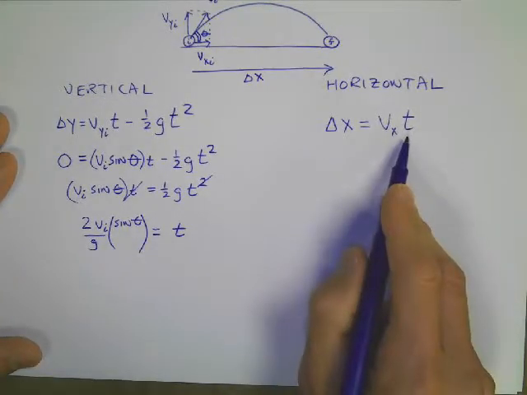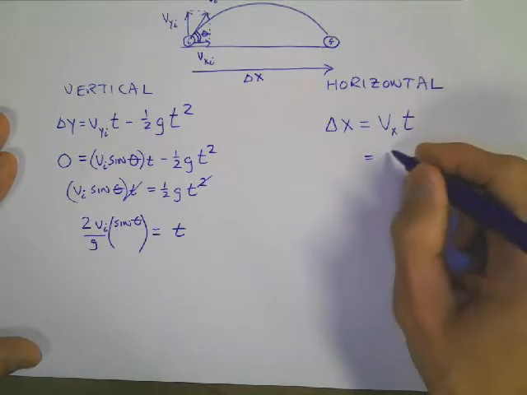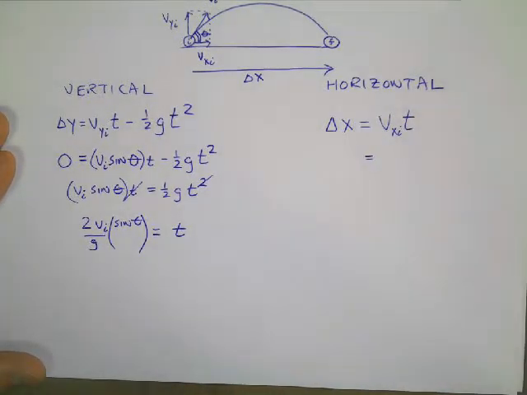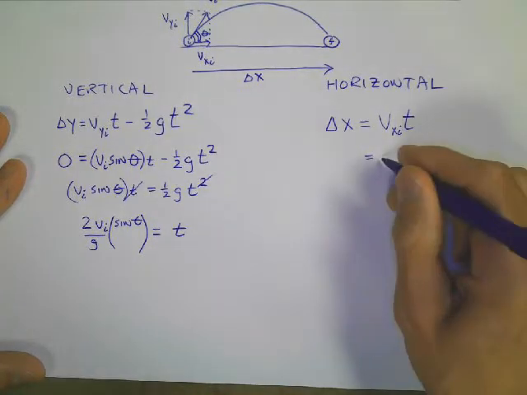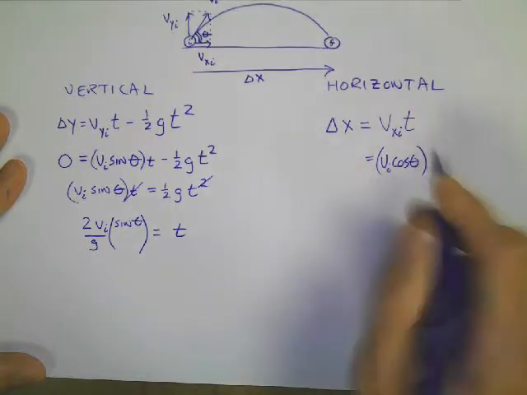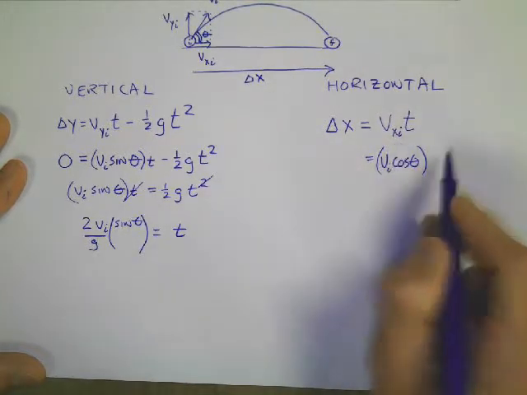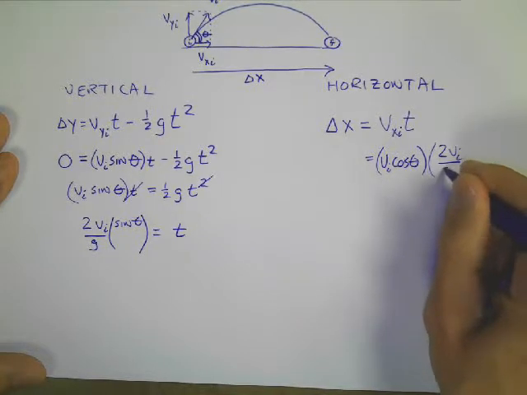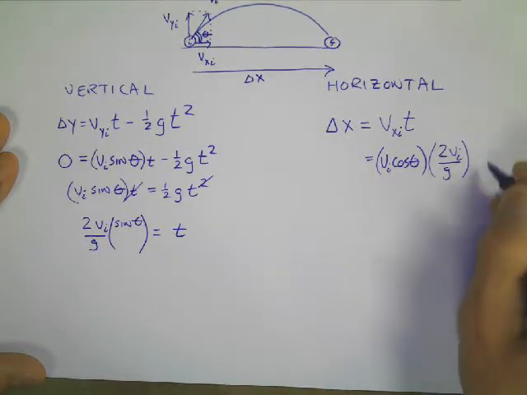All right, so I'm going to take that and plug it in up here. My Vx is really my Vx initial, isn't it? Because that never changes. So this becomes V initial cos theta for that. And then for t, I'm going to plug in my 2 V initial over g times sine theta.